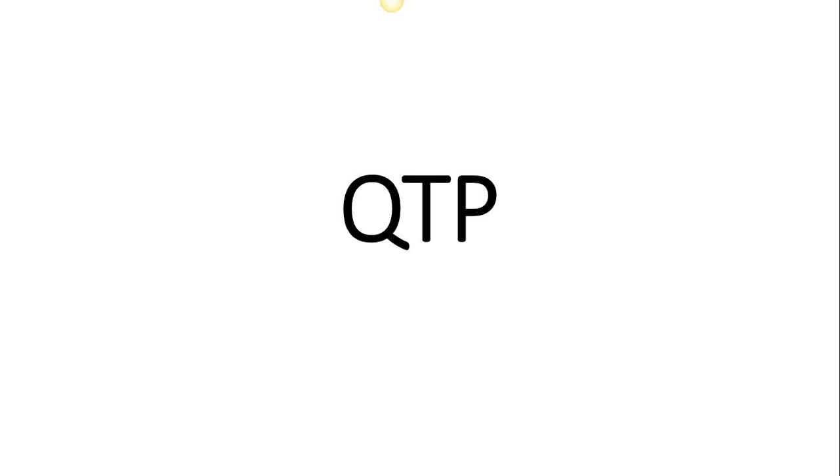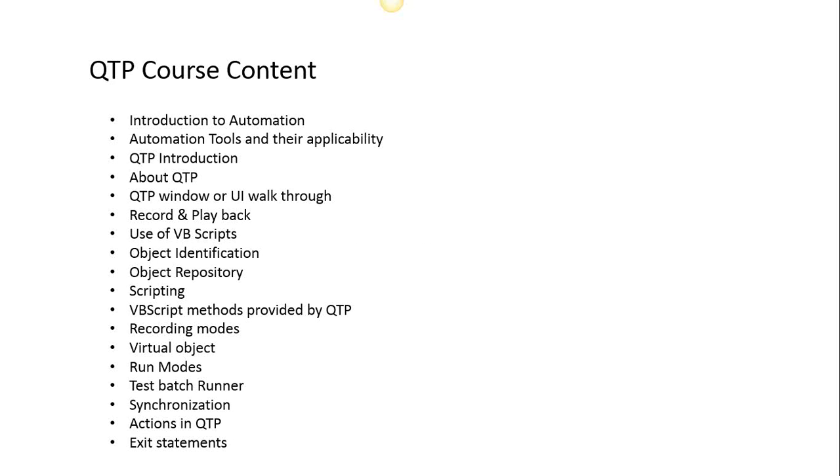First we would be starting with the introduction to automation, like why do we actually require automation, what does it do, how does it enhance your quality of testing, and all those aspects. Then, what are the various automation tools that are available in the market, and how are they applicable to various types of testing that we do on a particular product.